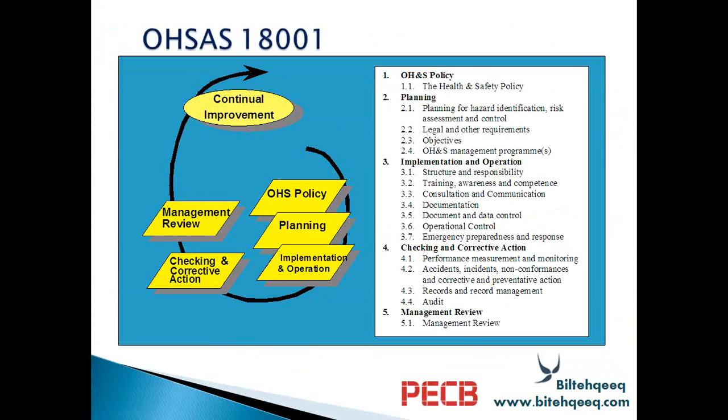If you compare this slide with the previous slides, the OHSAS 18001 standard has the same elements as we discussed. These are the clauses, from 1 to 5: Occupational Health and Safety Policy, planning, implementation and operations, checking and corrective action, and management review.